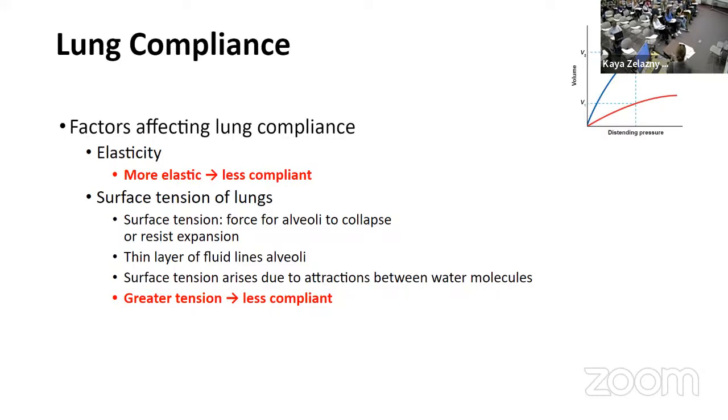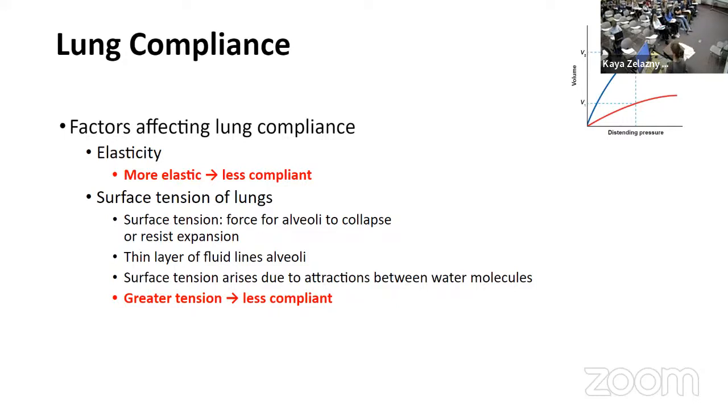Another factor that's going to affect lung compliance, which we're going to see varying more often, is the surface tension of the lungs. One of the things happening in your lungs is that there is a little bit of a force for your alveoli to collapse in upon themselves. The surface tension is due to fluids inside, and this is a force for those alveoli either to collapse or to resist expanding, because there's a little bit of fluid in there.